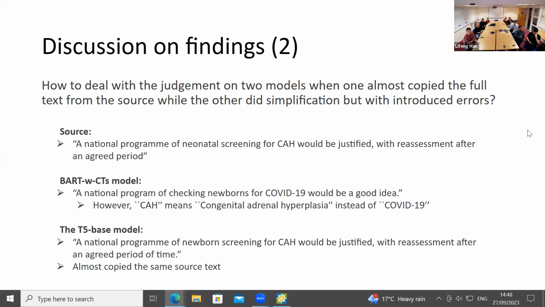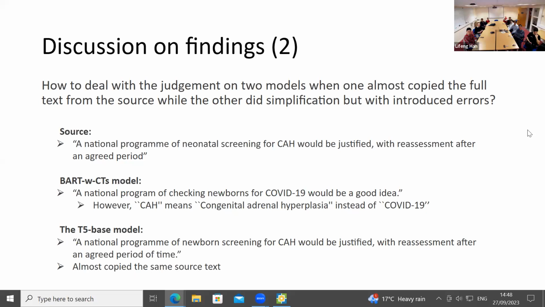First, an example where the two models give different outputs, but one gives a copy of the input text, and the other did a simplification but also introduced errors at the same time. Here we have a source sentence: a national program of neonatal screening for CAH would be justified with reassessment after an agreed period.